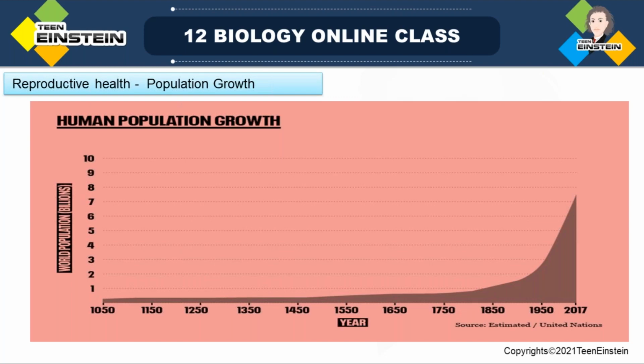Emigration means individuals are leaving a particular habitat, so the number of individuals will reduce. So natality and immigration will increase the population, while mortality and emigration will decrease the population. Okay.